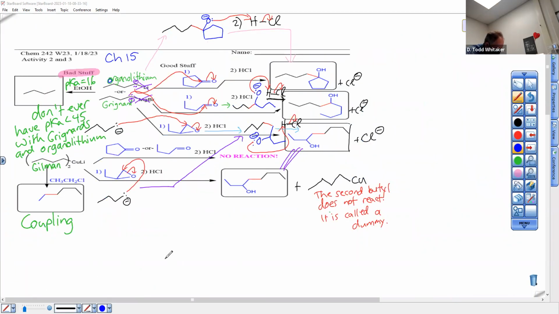No, it was the beginning of this video. Oh. Right there. Coupling. Yeah. And how did you predict the product of this coupling? The black piece from the Gilman is here. A new bond to the carbon that has the halogen. That's it. It's got to be one of the easiest predictions you can make. Just connect the 2 R groups.